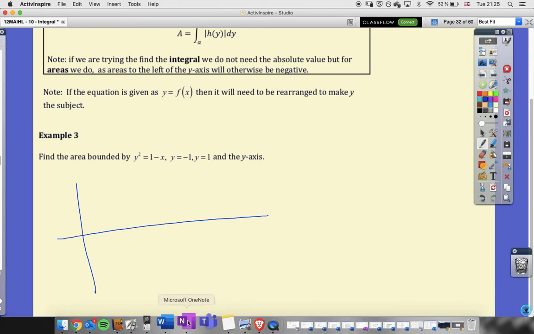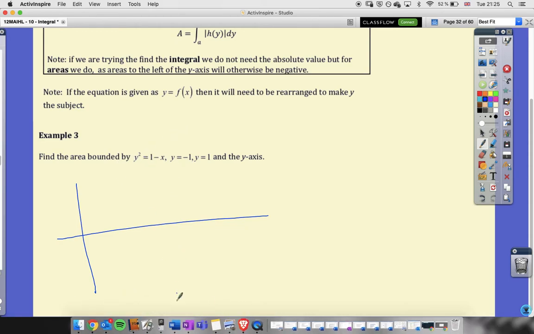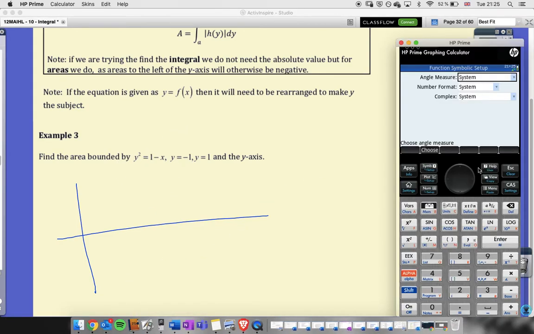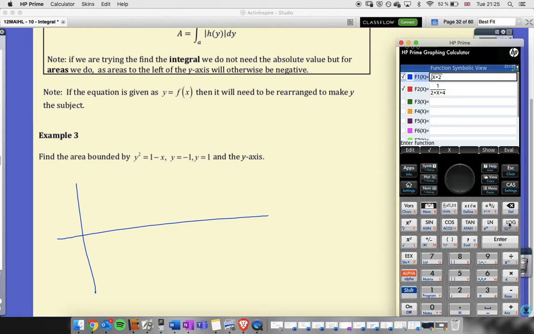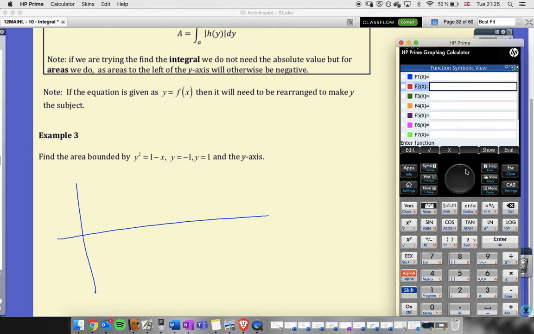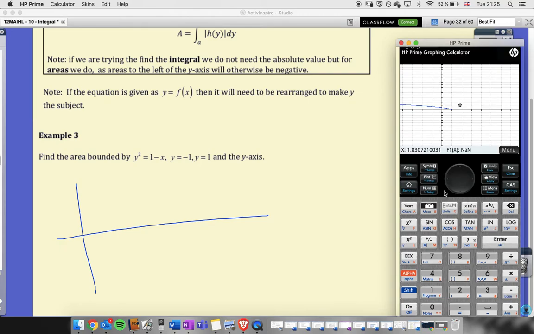If I want to draw this on my calculator, I need to have it as y equals some function of x. So clearly that's going to involve square rooting it. So let's see what happens when I square root 1 minus x. I get this.